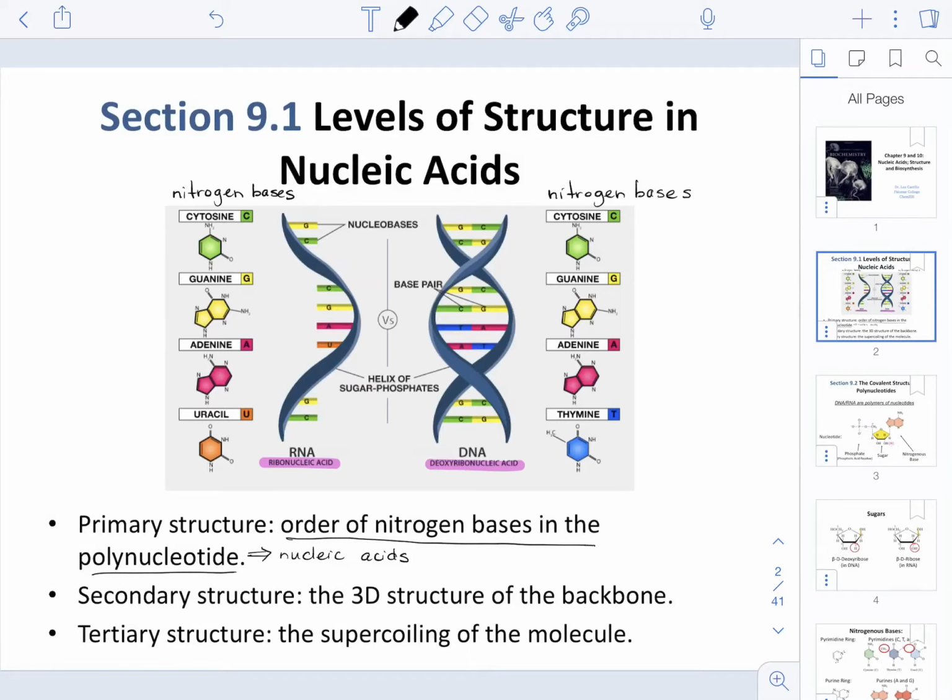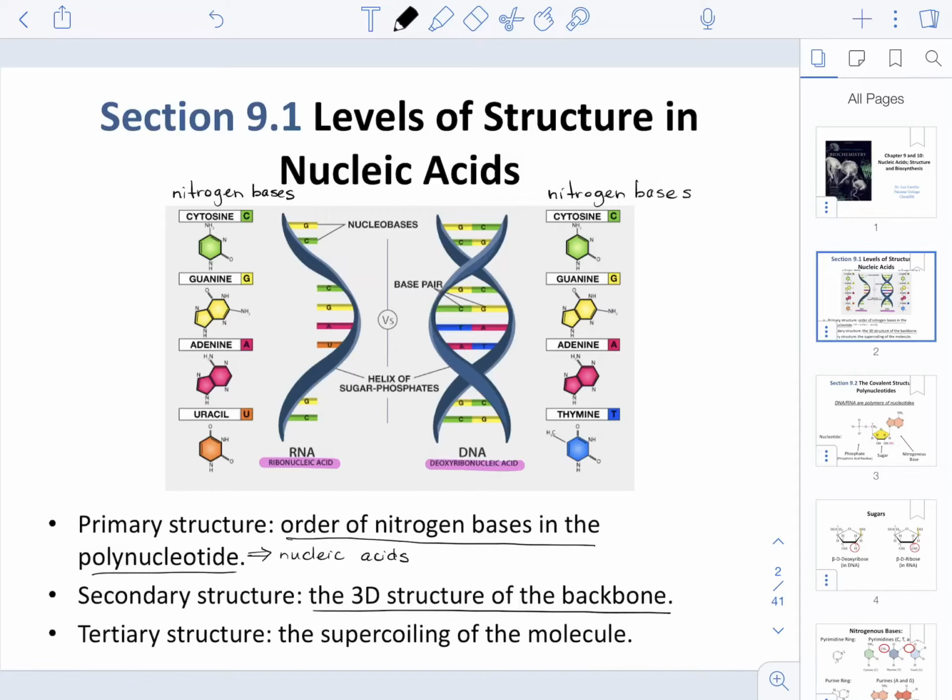Three of the bases that we saw in RNA are present in DNA: cytosine, guanine, and adenine. The difference between the RNA and the DNA nitrogen bases is that in DNA we have a new base that is called thymine.